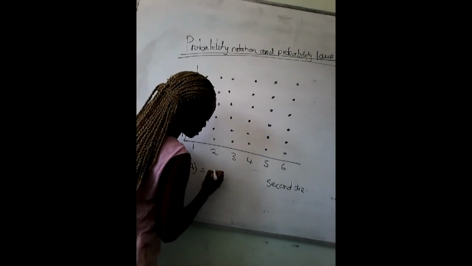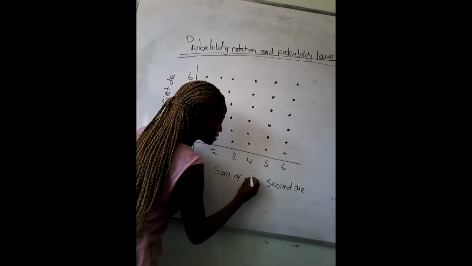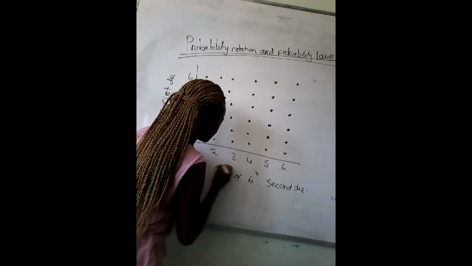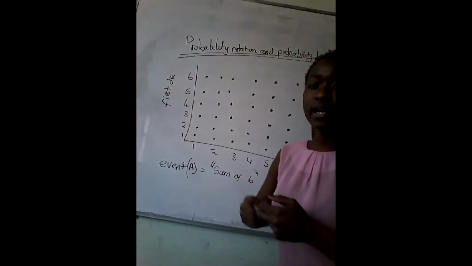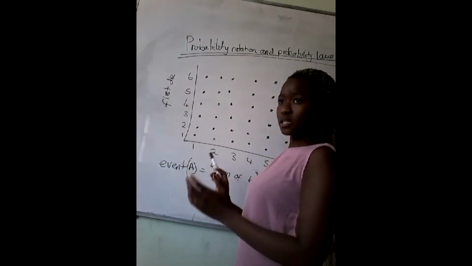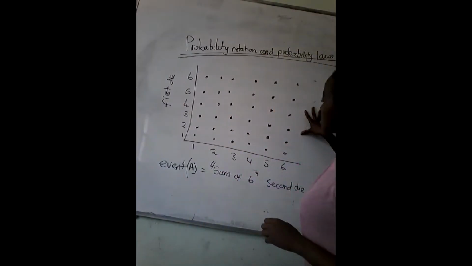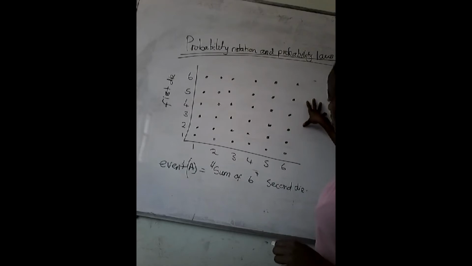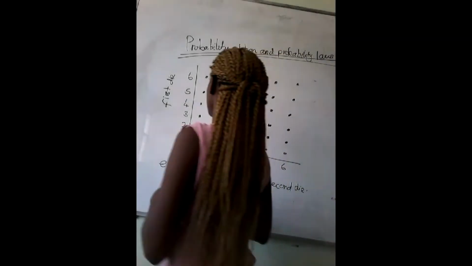We need a sum of 6. We add the two, this side and this side, and we get 6. So which parts of our possibility outcomes give a total of 6?